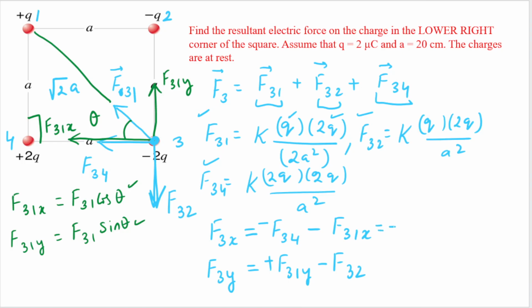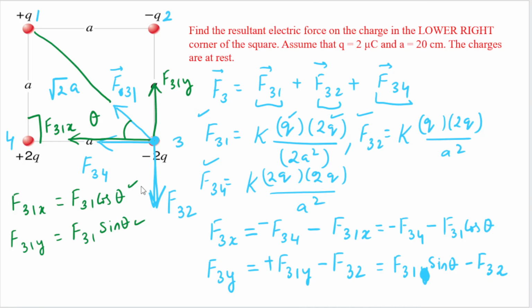If we substitute, we will get minus F34 minus F31 cos theta. Similarly, F31Y is F31 sine theta, minus F32.